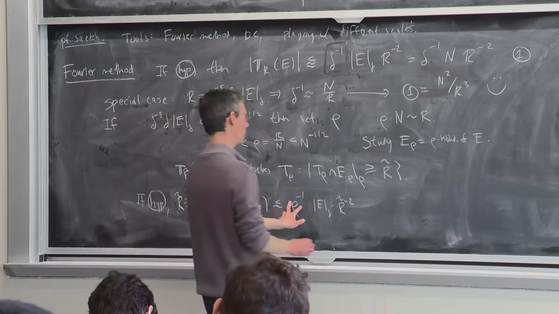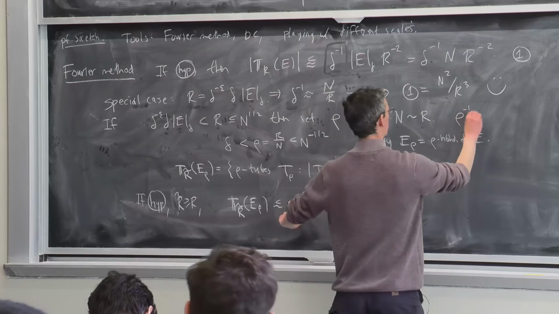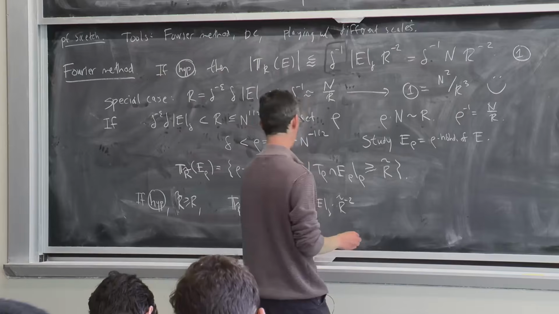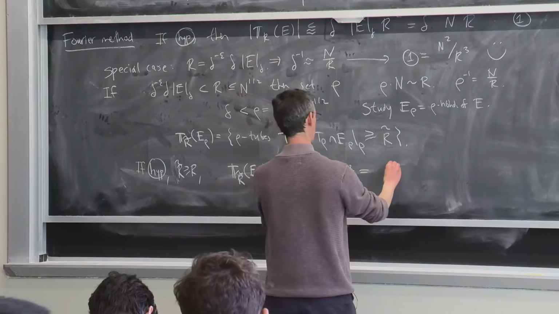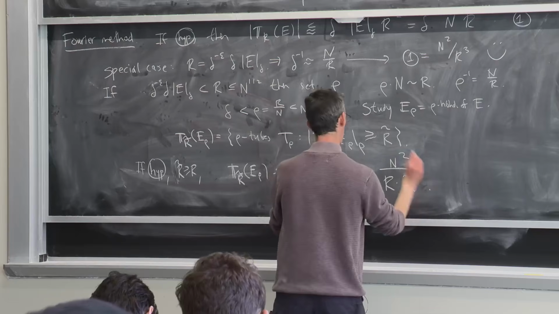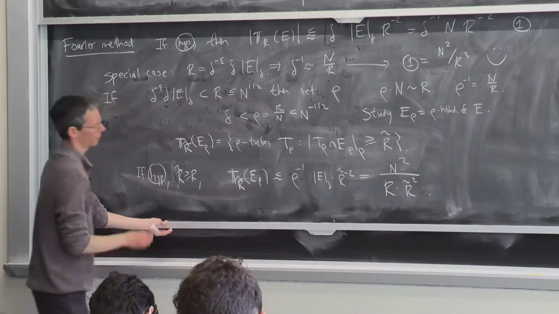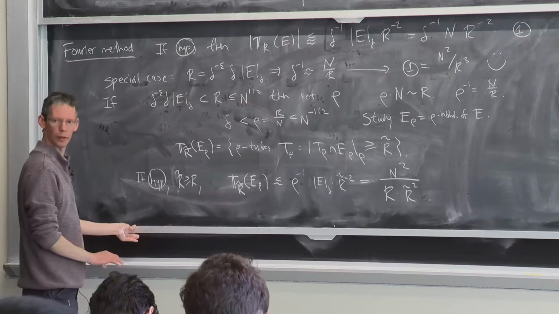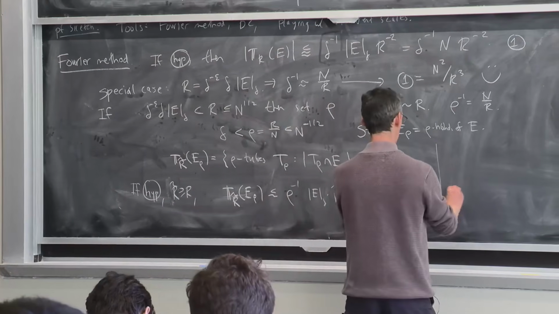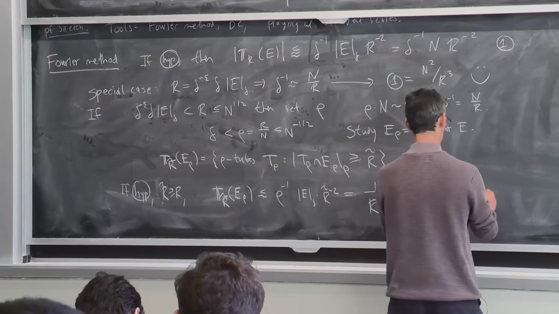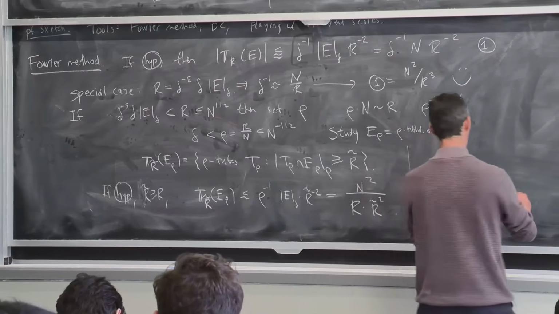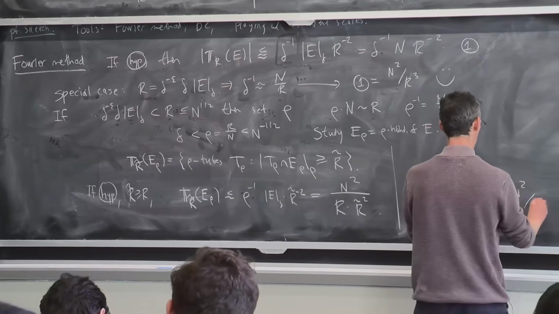And this rho inverse is n over r. So that's n squared over r times r tilde squared. So just by thickening the tubes, we get these bounds. And let me mention an important special case. For example, T_r of E rho is bounded by n squared over r cubed.